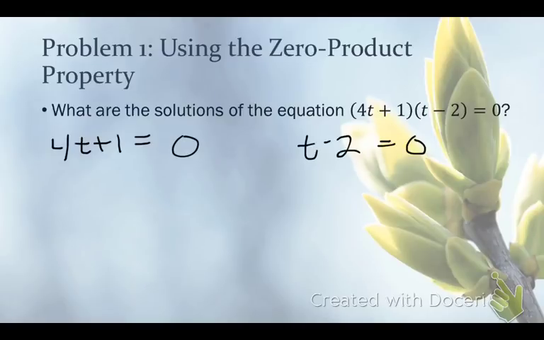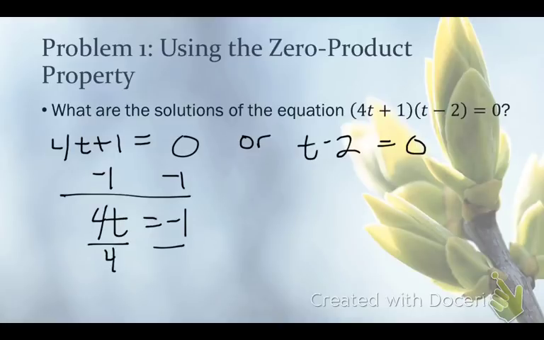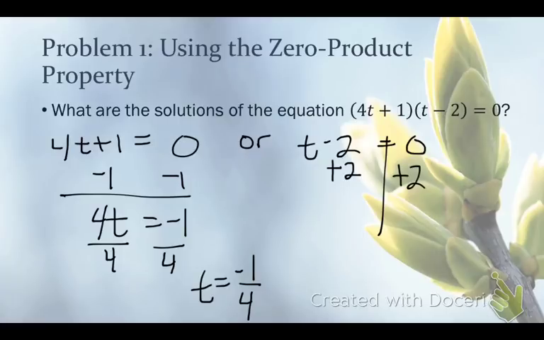And as I solve those two, I will then get my answers. So I can subtract 1, 4t equals negative 1, divide by 4, and t equals negative 1/4, or add 2, and t is equal to 2.